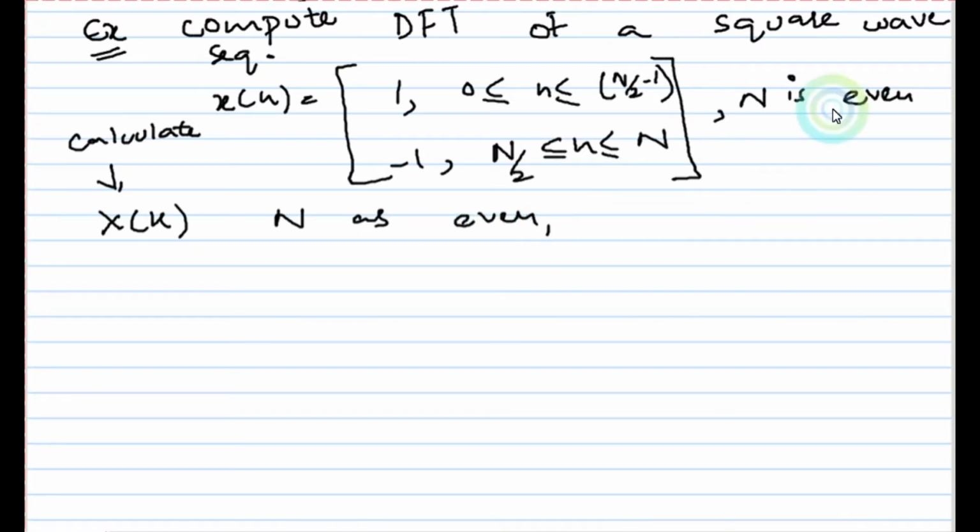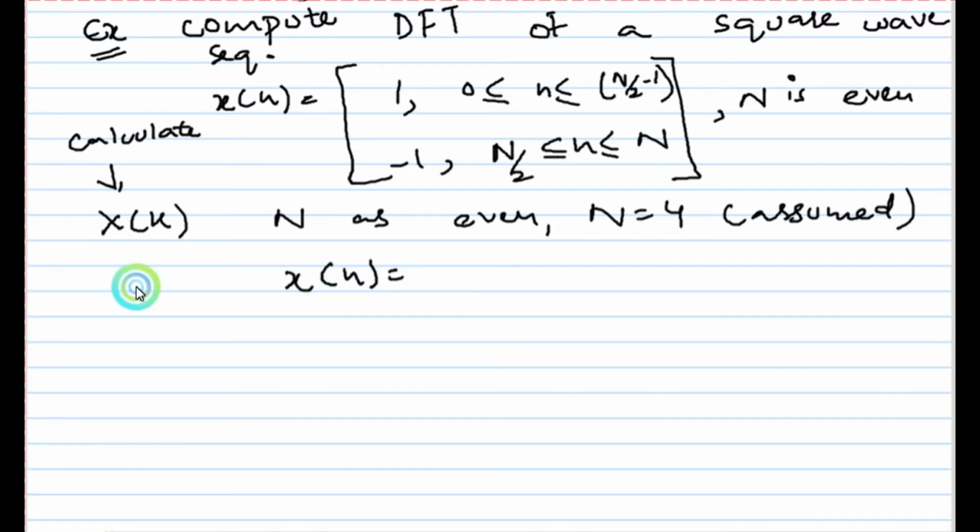But the value of N is not given, so we may take it as any value. We can take 2, 4. Let me take N as 4, so it's assumed to be 4. It's fine.